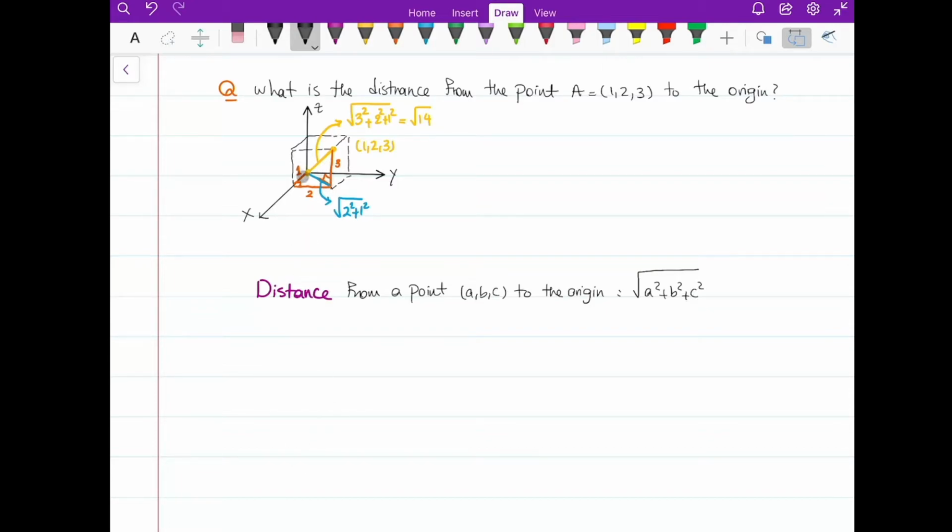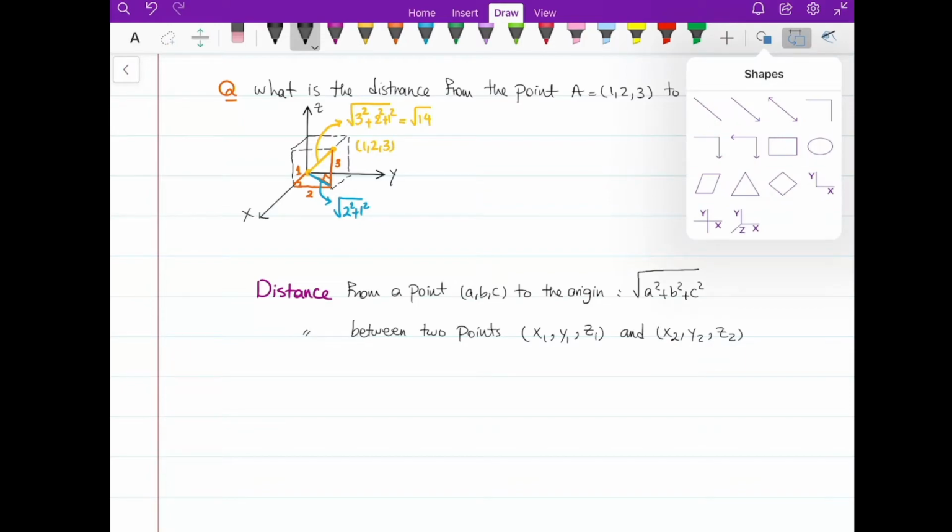I can have this box anywhere in a space to find the distance between 2 points in a space. For example, the point (x1, y1, z1) and the point (x2, y2, z2), with the same idea.